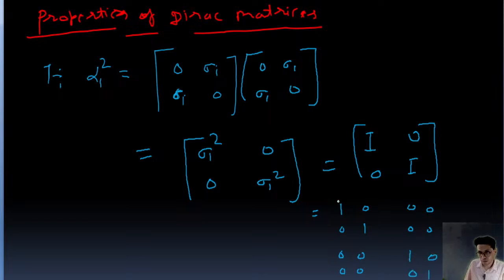We can write it like this, and this value is equal to I. So alpha i square is I, for these 4 cross 4 Dirac matrices. Okay, first property.